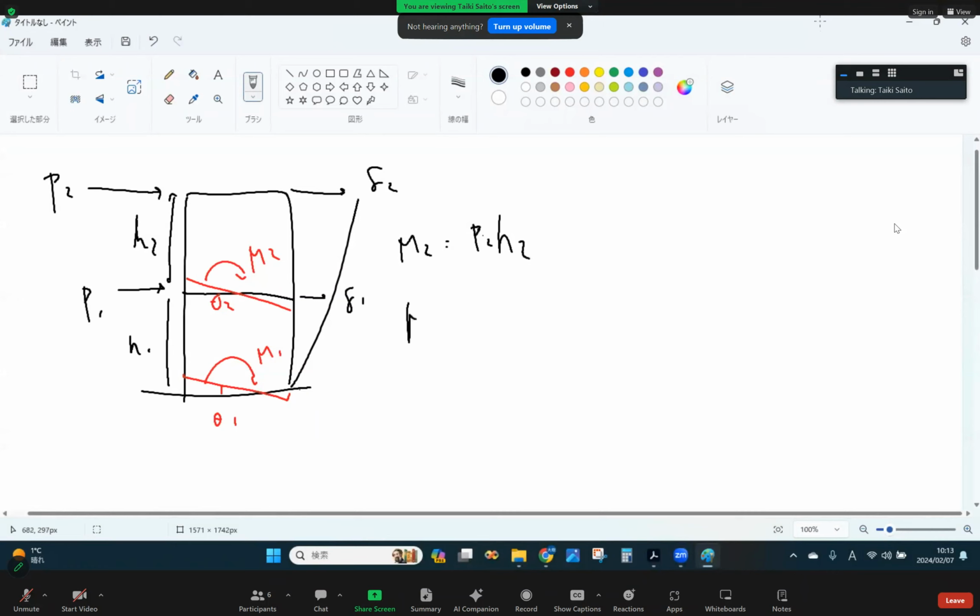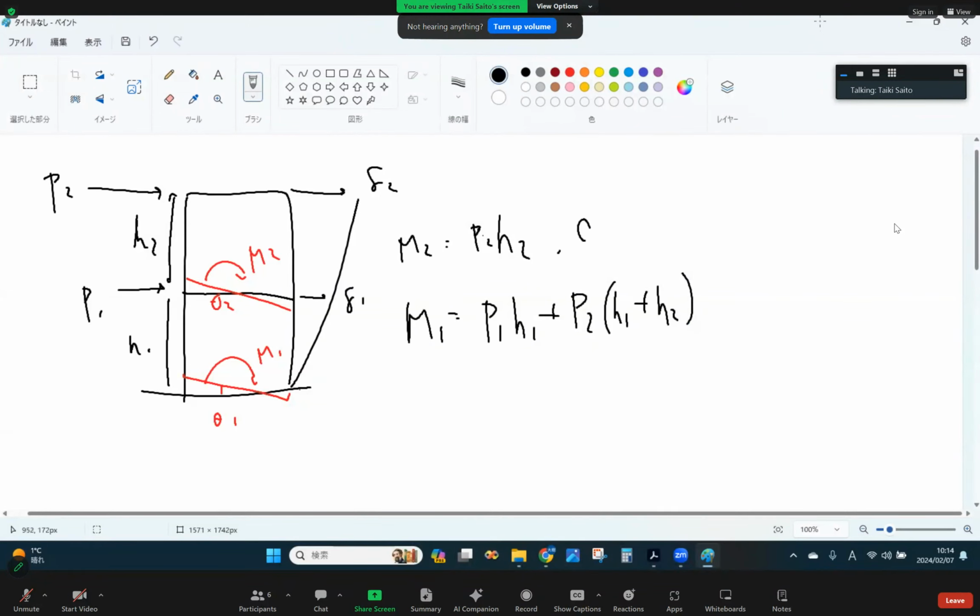And M1 will be T1 H1 plus T2 times (H1 plus H2).